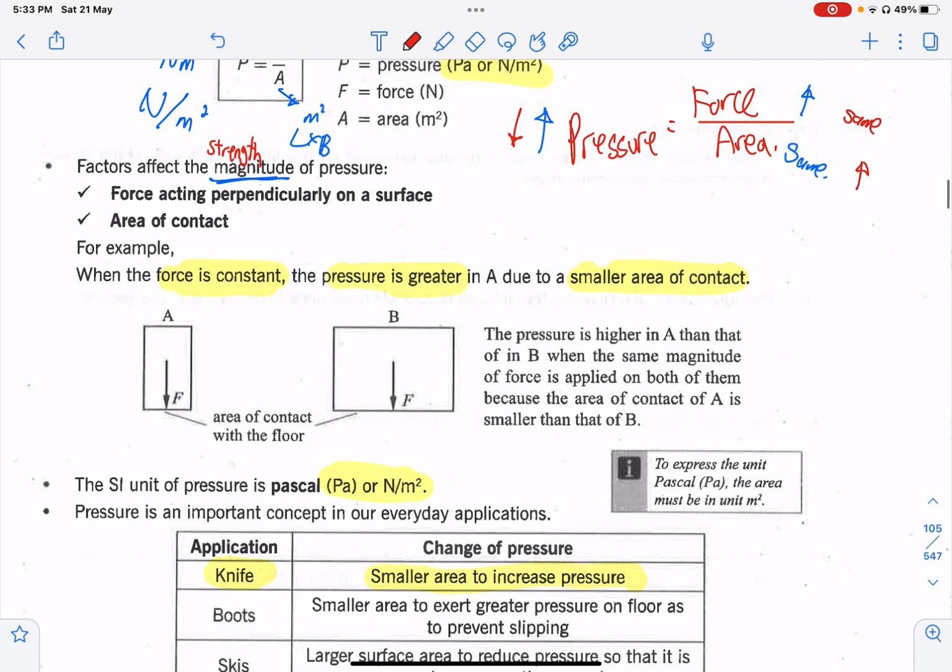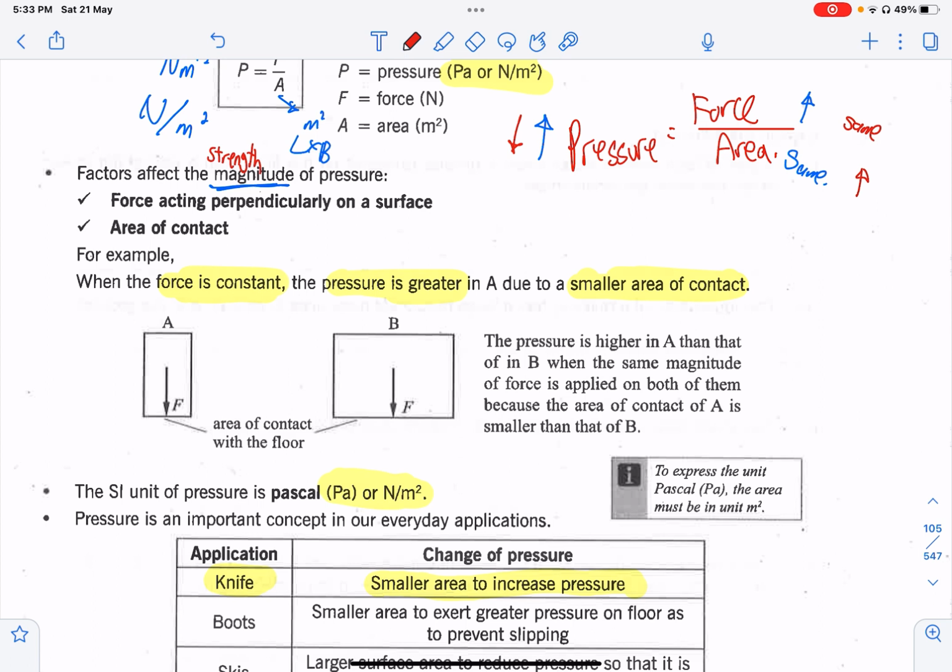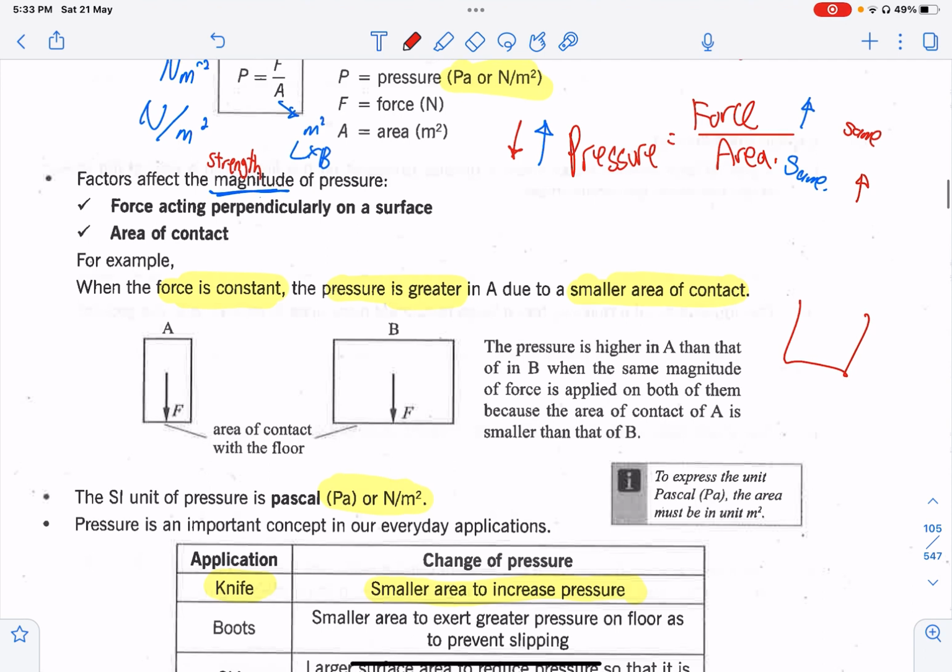One way to look at force is to look at gas particles hitting against the walls of a container. As the particles hit even more forcefully, the pressure will increase. And when you reduce the area, so let's say you make the container smaller, the same amount of particles will still be there, which means the frequency of the particles hitting against the container surface would increase.